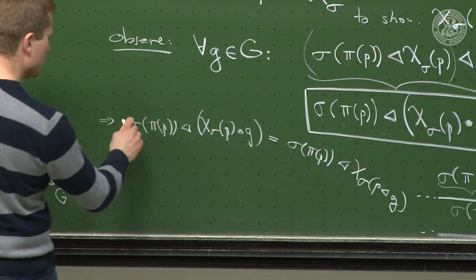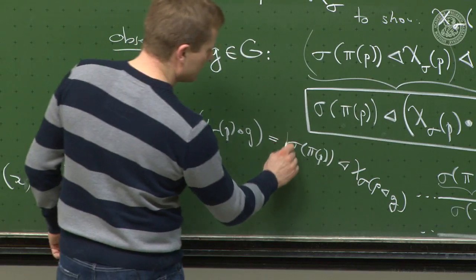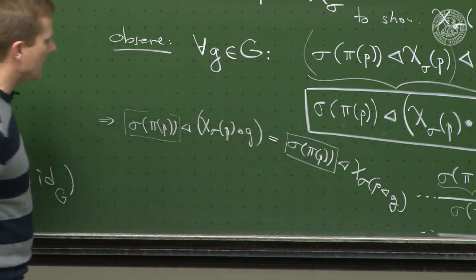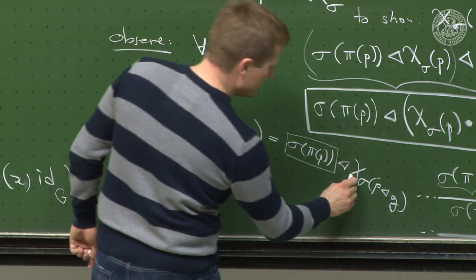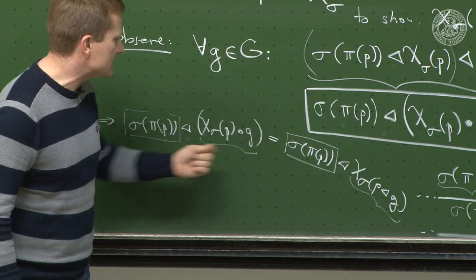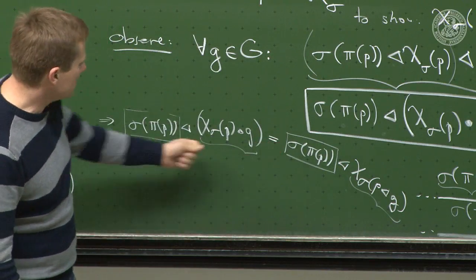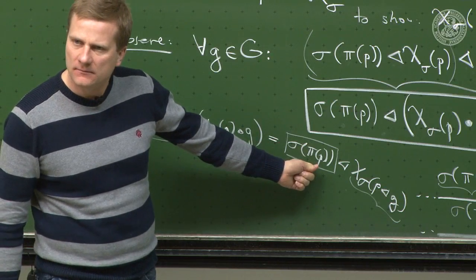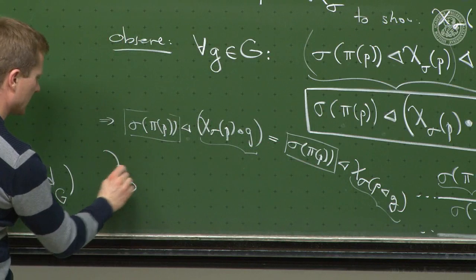Now, this here is just a point in P, in capital P. This is the same point. And we have an action of a group element on it, and the action of another group element on it, and it acts on the same point, and the result is the same. Now, because the action is free, this can only mean that the two group elements are the same.